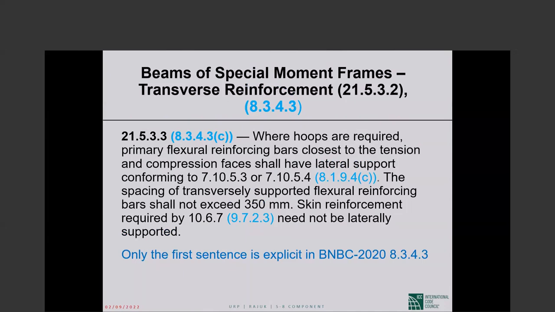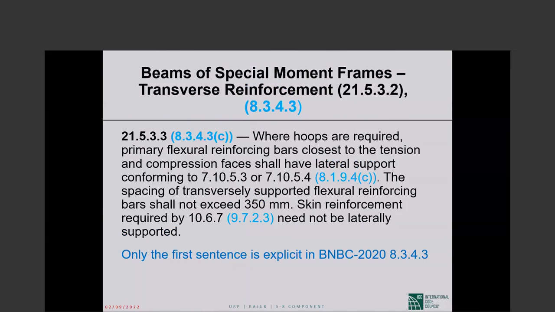We are talking about beams, but we are saying where hoops are required, primary flexural reinforcing bars closest to the tension and compression faces shall have lateral support conforming to those rules. So in other words, the longitudinal bars in the plastic hinge region of a beam shall be confined like column bars. That's precisely what that is saying.